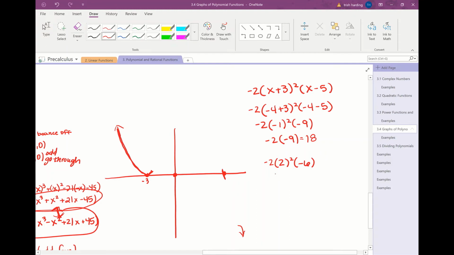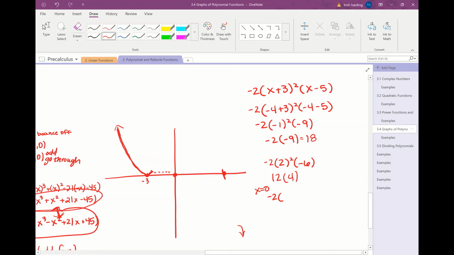That's 4, 12 and 4. So that is still going to be positive. Okay. So now when we reach x equals 0, what do we get? So this is going to be positive along here.